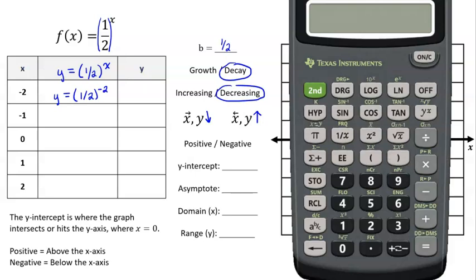So I'm going to bring up my calculator. Let's turn it on, clear it out. We have parentheses 1 divided by 2, close parentheses. Then you're going to hit your y to the x button, 2, and then we're going to make it negative, equals, and that gives us 4.